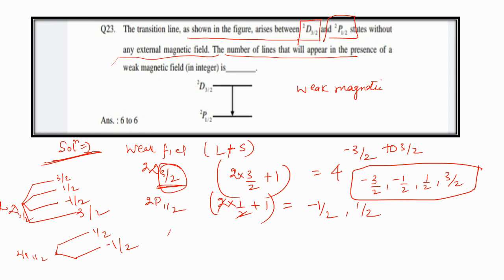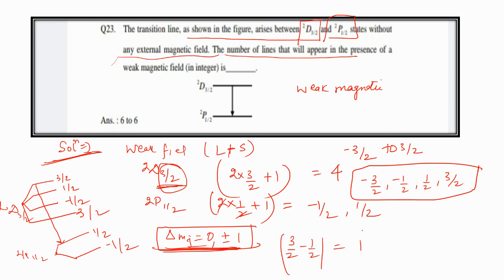And one more selection rule is delta mj will take value 0 and plus minus 1. This you have to keep in mind. So now see, if it is going here, 3 by 2 minus 1 by 2 is giving me 1. But if it is going here, that means 3 by 2 minus minus 1 by 2 is 2. That is wrong. So this will not go.